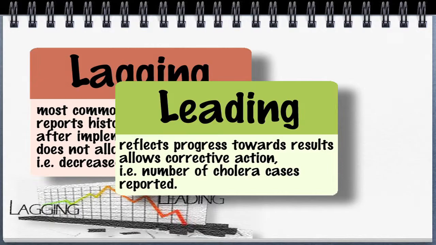For example, number of cholera cases reported. Also called process indicators, they are intermediate performance targets to monitor progress, that is, measure increased higher education attainment by % reduction of dropout rate per annum or increased enrollment rate per annum.